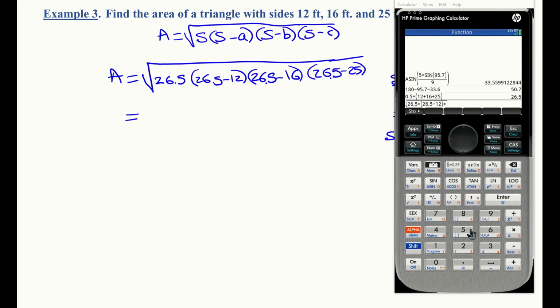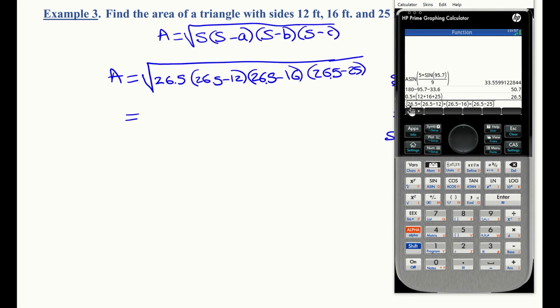All right, this calculator is a little bit touchy, I have to be careful. So times 26.5 minus 25.